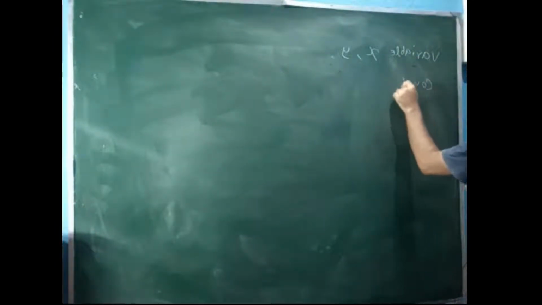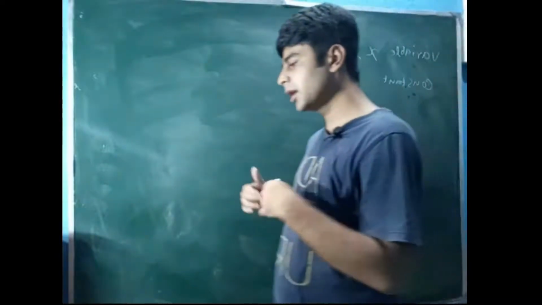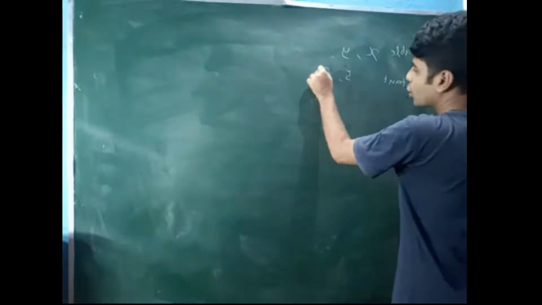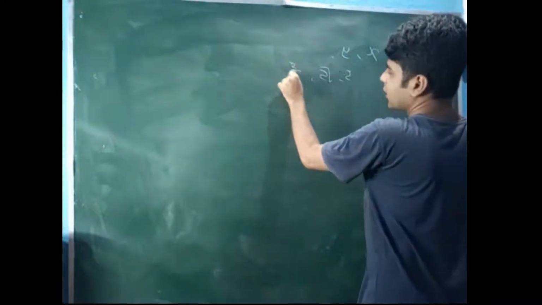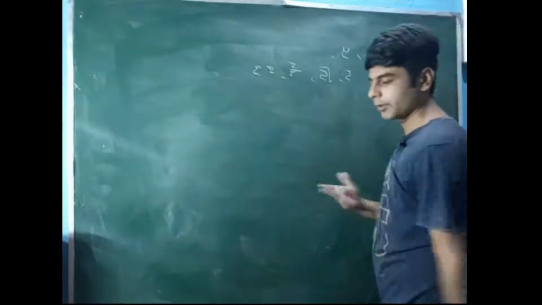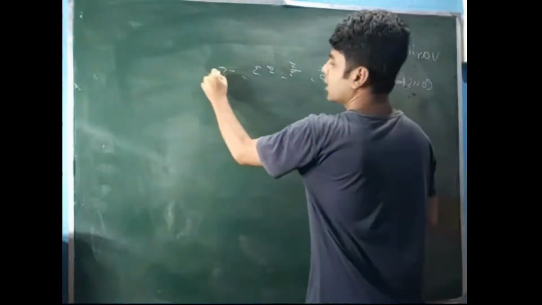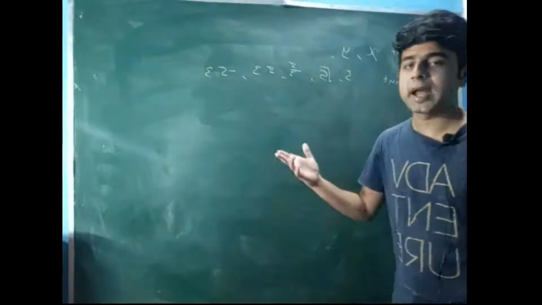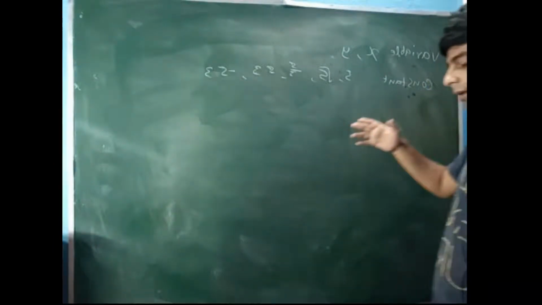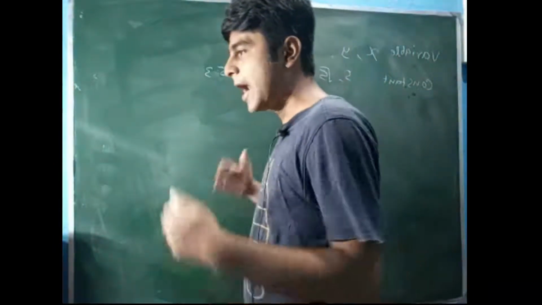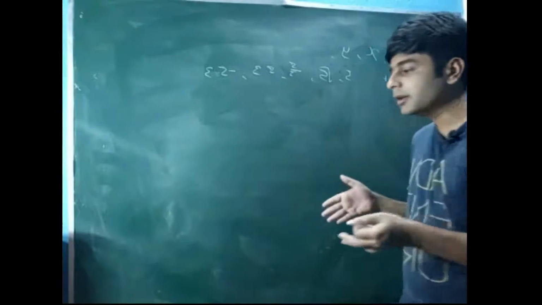And there is something called constant, and a constant is any number, any real number, any imaginary number, like 5 or root 5 or 5 by 3 or 5.3, even minus 5.3. Any number can be described as constant. Now, a constant doesn't change.